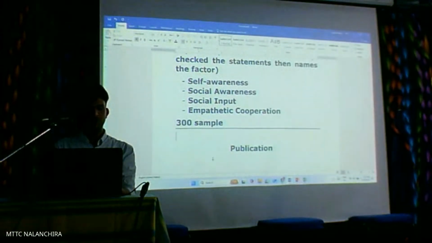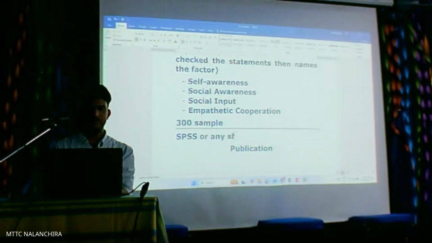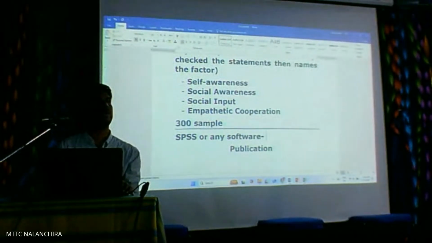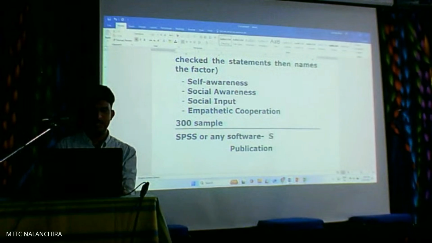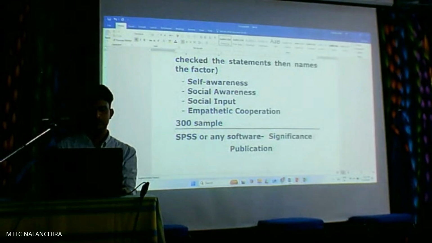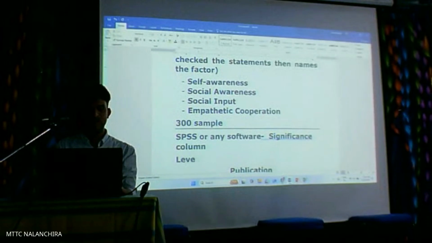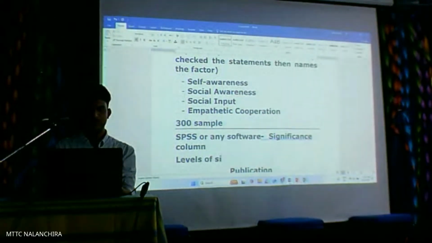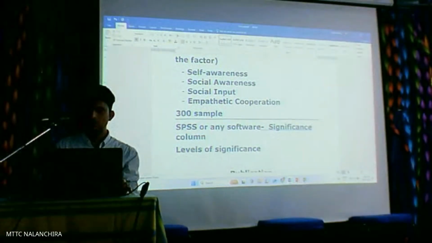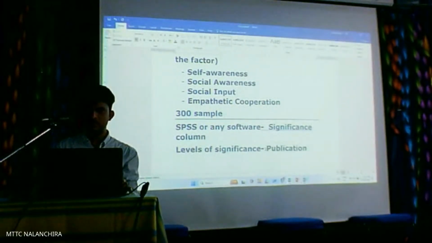we have to, actually if you use SPSS or any software, you don't want to rely upon any value, only see the significance column. What are the levels of significance we use? 0.01 and 0.05.